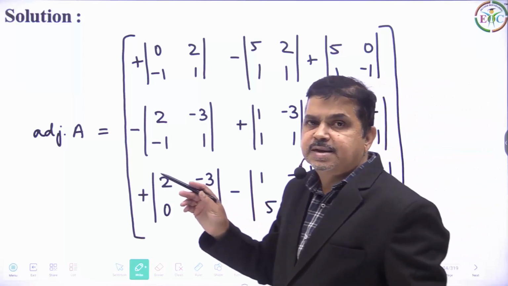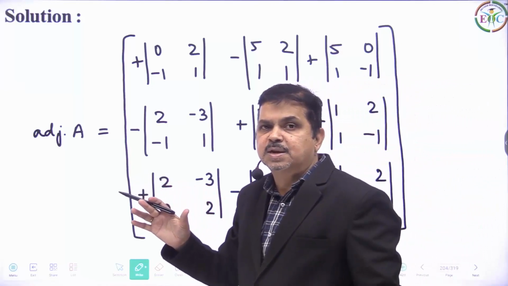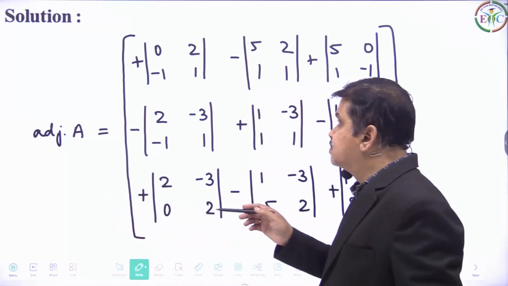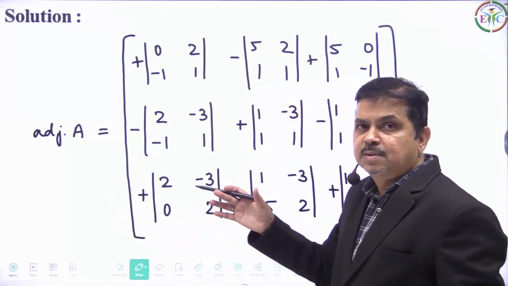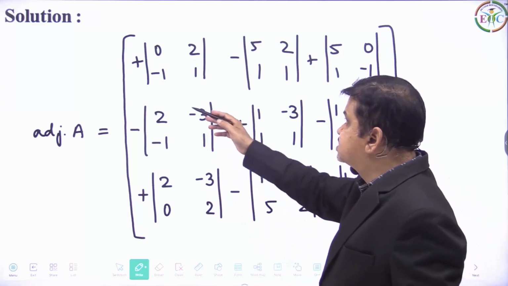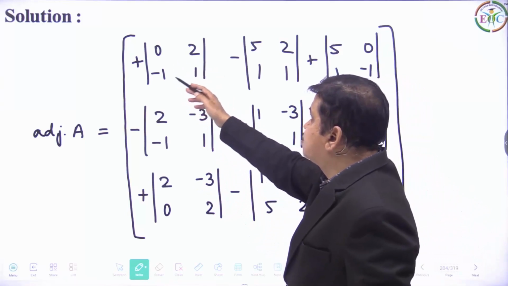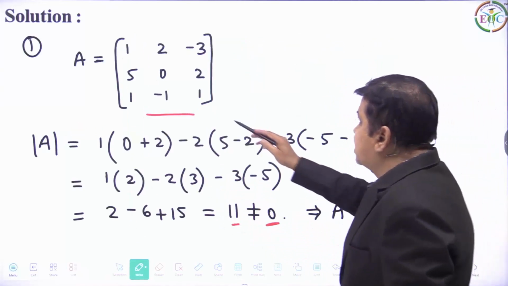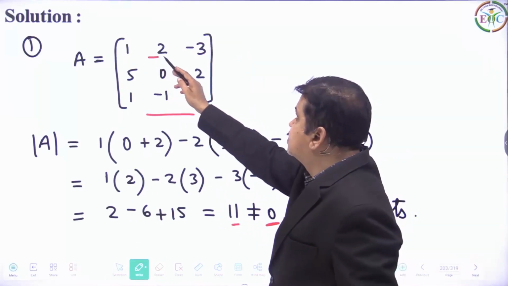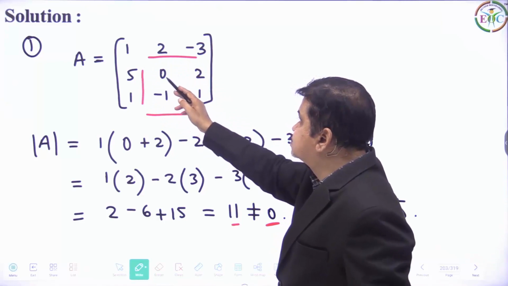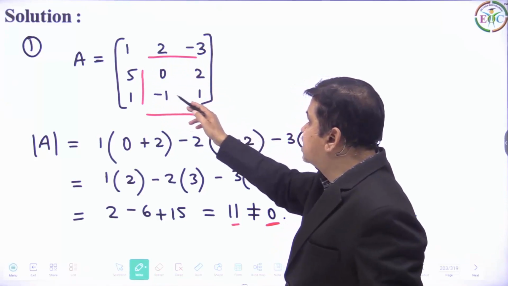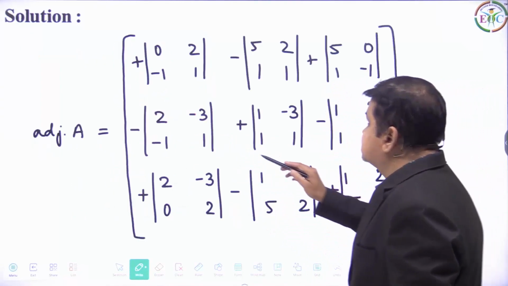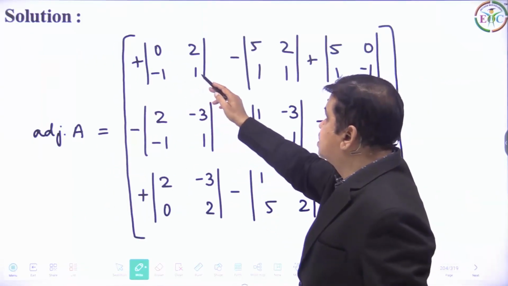By deleting the corresponding row and column elements, with respect to the cofactor element numbers, we can write this as plus of 0, 2 and minus 1, 1, because the sign is plus. Leaving out the corresponding row and column elements, we are left with 0, 2 and minus 1 and 1.